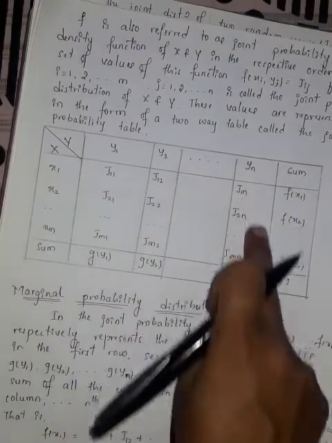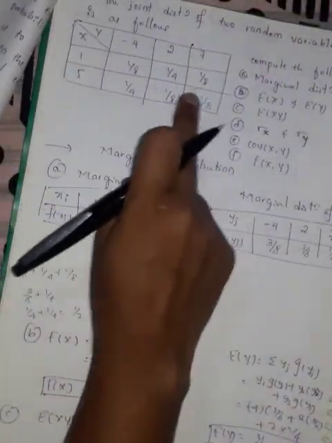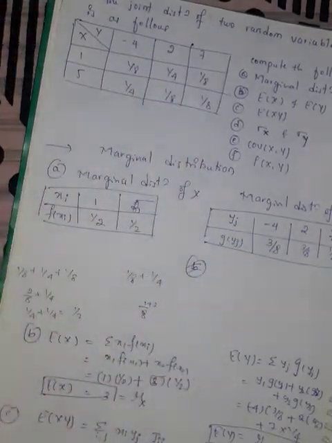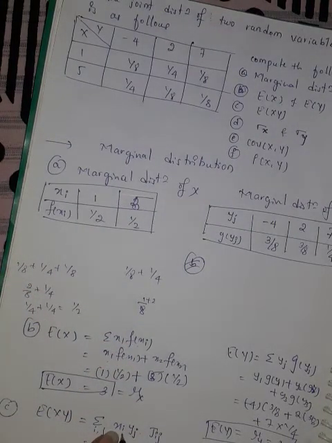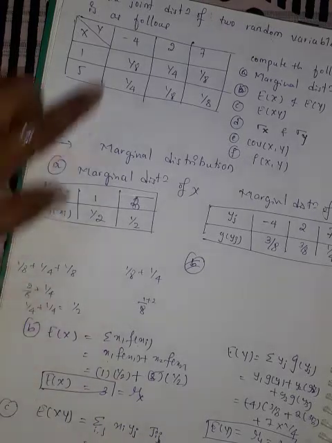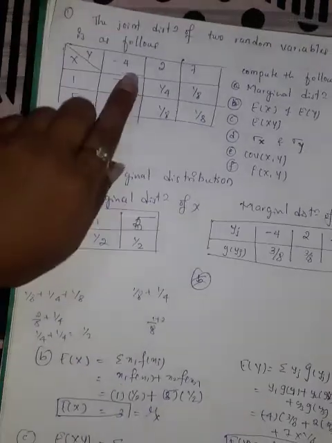So here you can see Jij is nothing but all these entries, our Jij's. So first, xi yj into Jij. You have to refer to the given table.